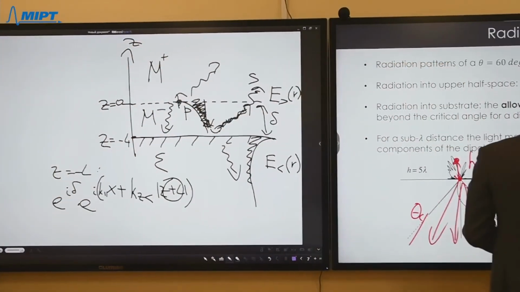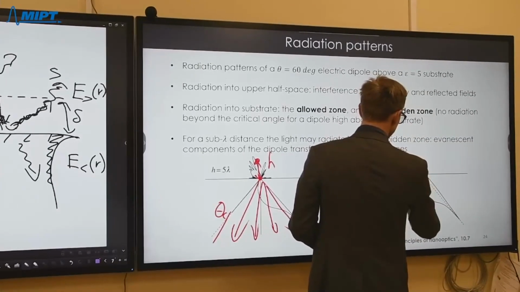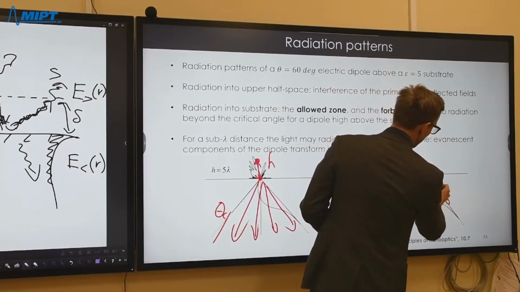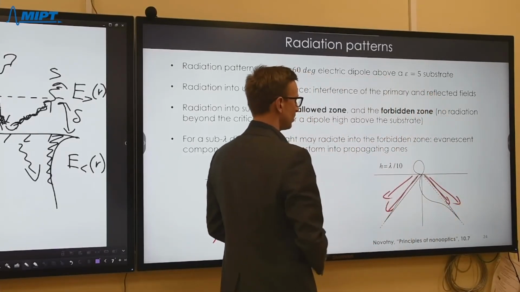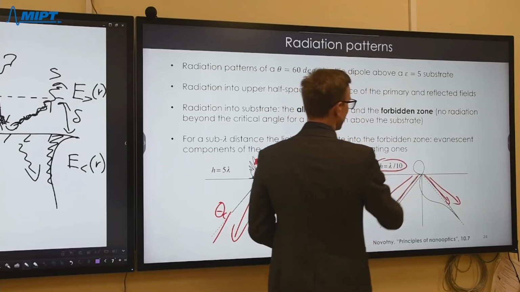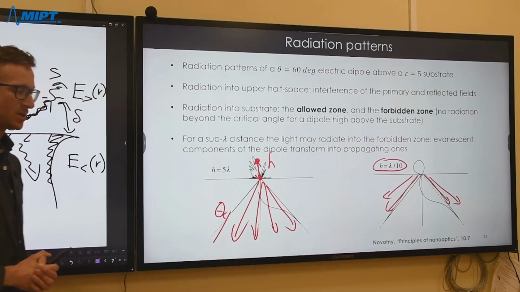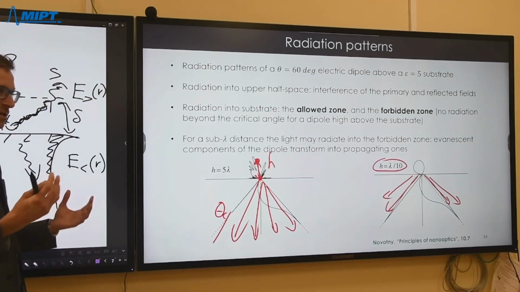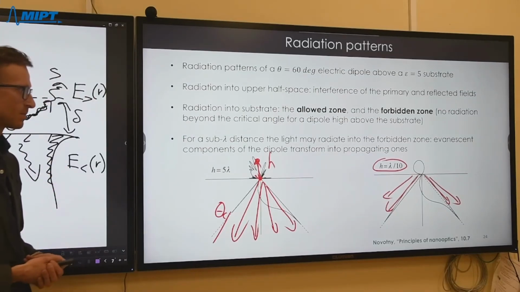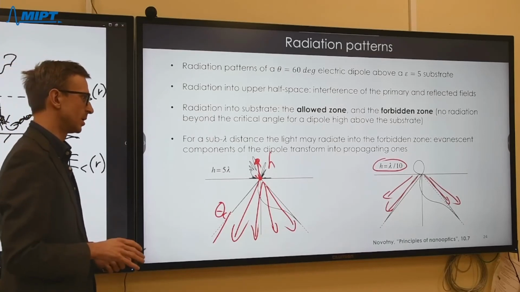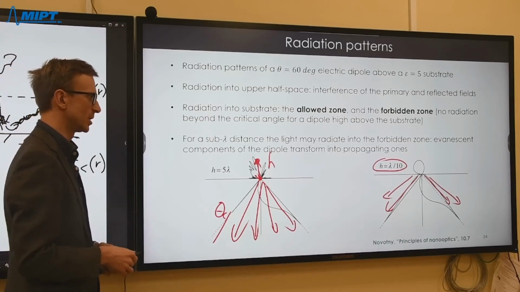So a certain fraction of light propagates at angles beyond the critical angle, but this only happens when the dipole is located at sub-wavelength distances from the interface, so that the evanescent components of the primary fields do not decay very strongly before reaching the interface.